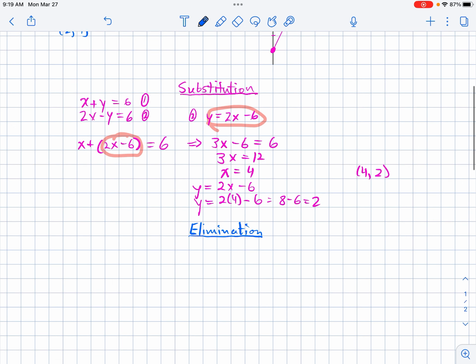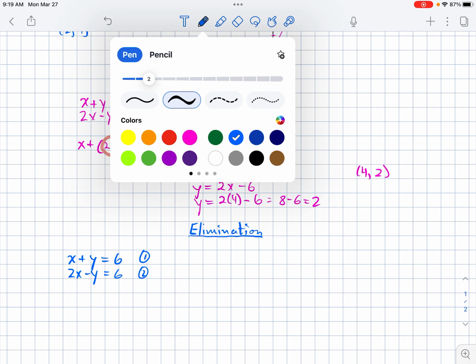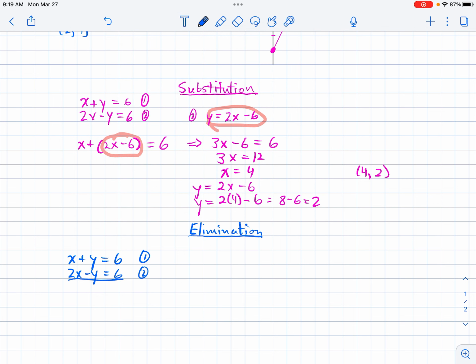Now, if we try to solve this same thing through elimination, let's see what we get. Notice I've got equation 1 and I've got equation 2. What if I just decide to add these two equations?